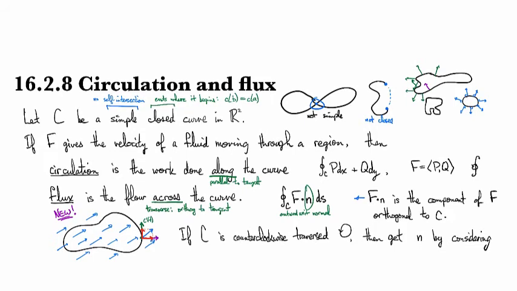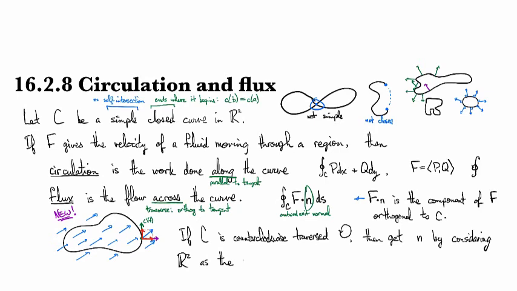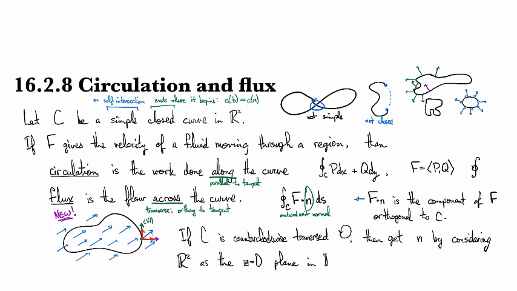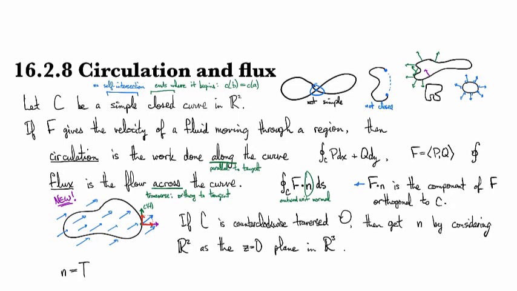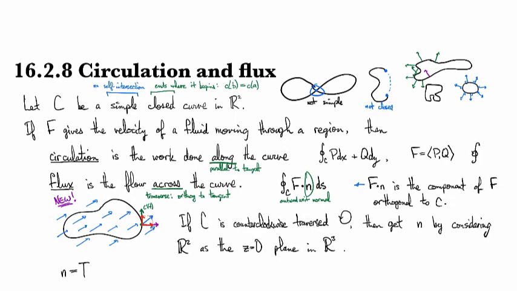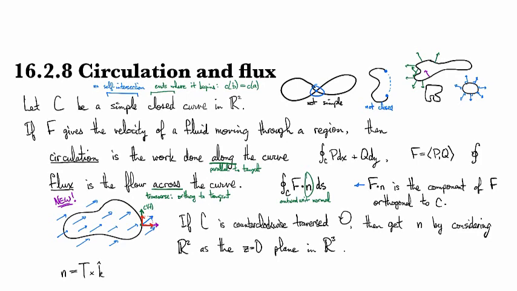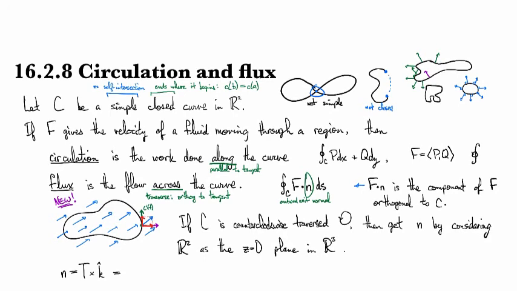We consider R2 as the z equals 0 plane in R3. That'll allow us to use a cross product. So then N is going to be the cross product between T, our tangent vector that we found before, and k, the unit vertical. So that's the one that's going in the direction of the z-axis, right?